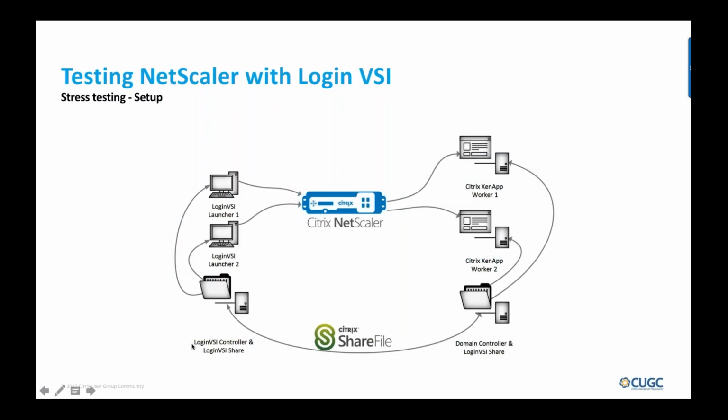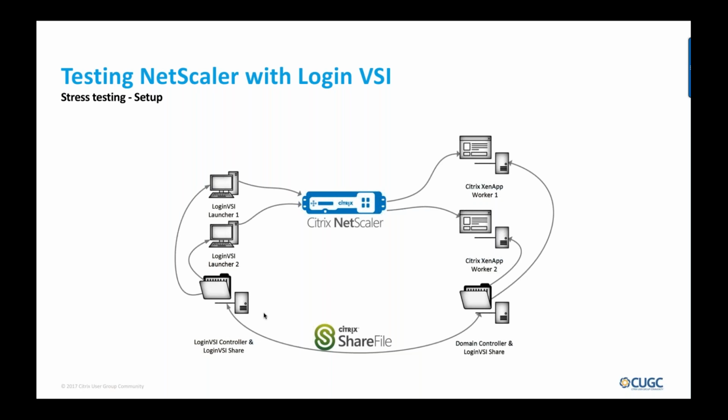The second thing you need is a Login VSI controller, which also holds a Login VSI share. The share is where the data and the configuration are, and stuff like this. The share has to be reachable from all launchers and all XenApp servers. So I decided to create a second Login VSI share, and I synchronized the files with ShareFile so that all systems have the same configuration file. This is a little bit about the architecture of Login VSI.